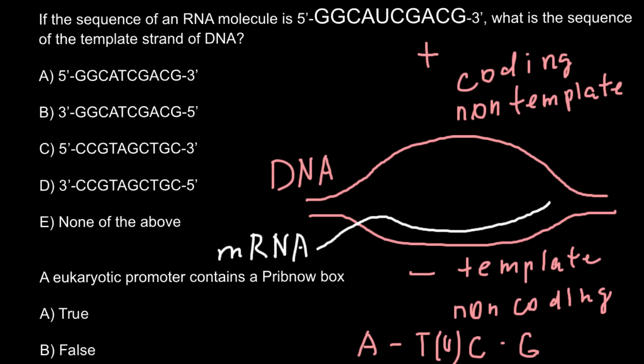So now we can easily build a sequence for the other strand of the DNA. So here we would have C here, G here, and T here, A here, G, C, T, and G, and C.